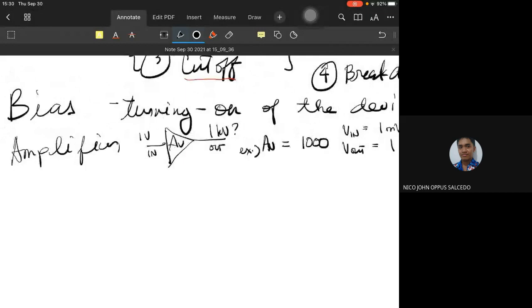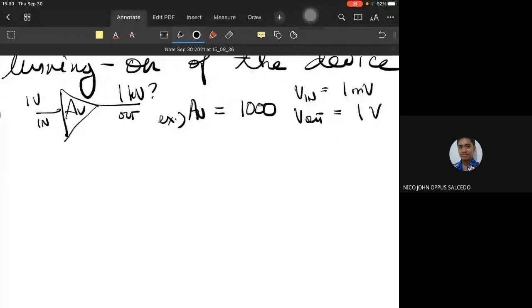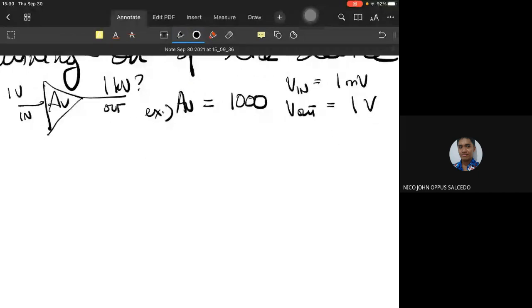Practically, in what kind of application do you usually find amplifiers? What appliance at home? Microphone. Okay, microphone. The input is a microphone, so a sound system.